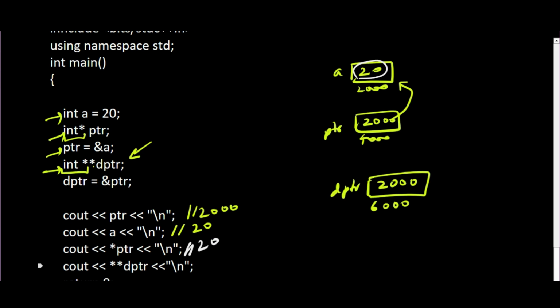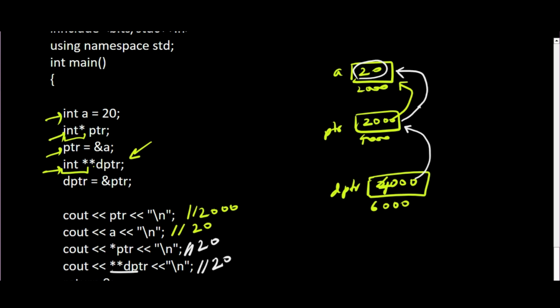And what is the result of double pointer, or you can say double dereference dptr? So first, sorry, this will be 4000 here. The address of ptr is 4000. So what this line will do, it will first go one level up, so this will go to here, and then it will go to the address stored in ptr, and again this will print 20.